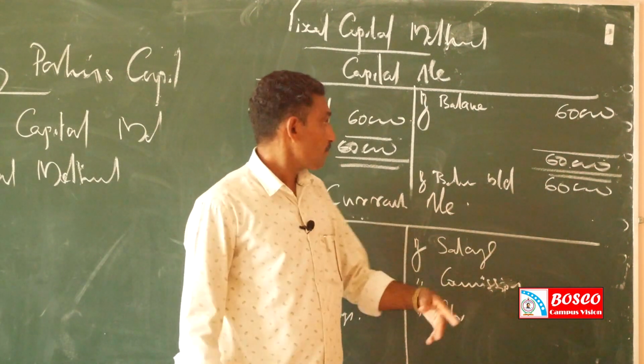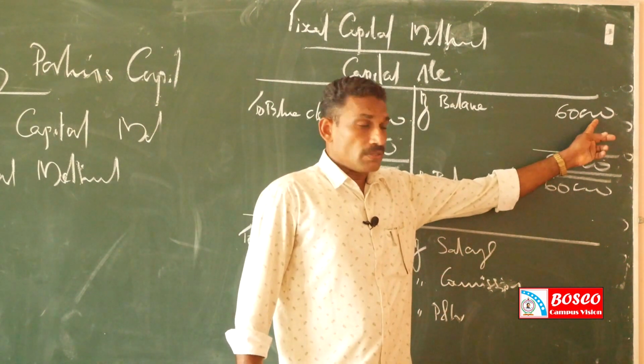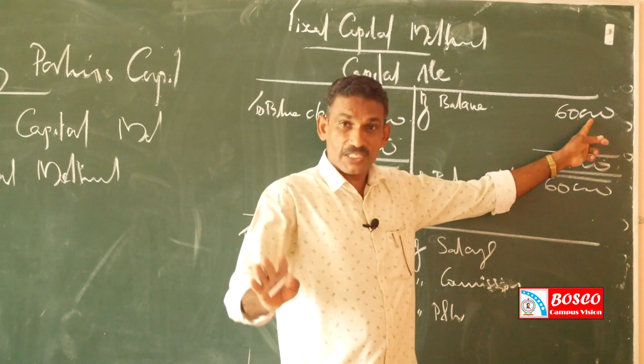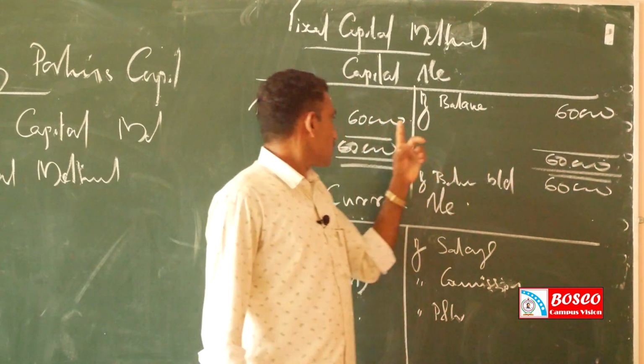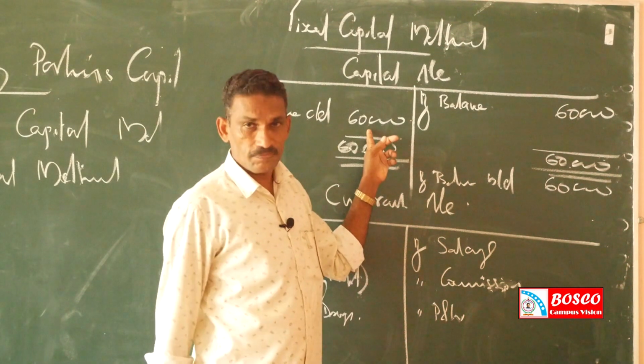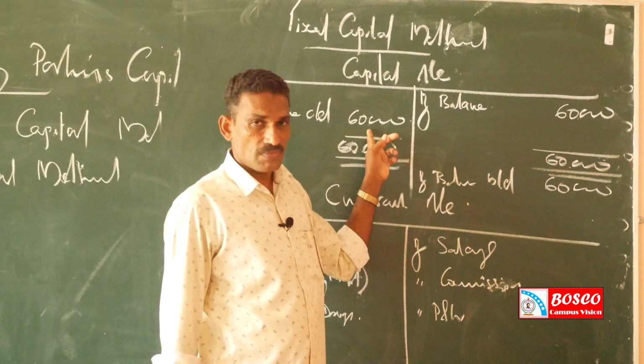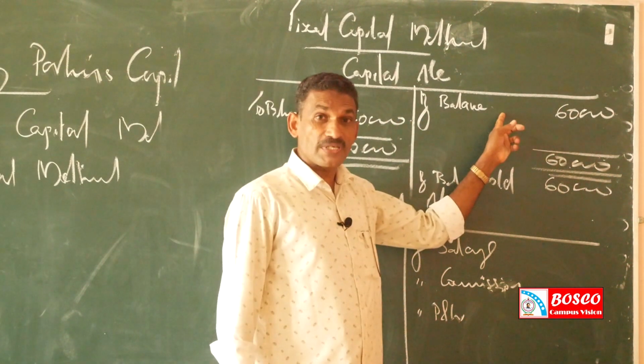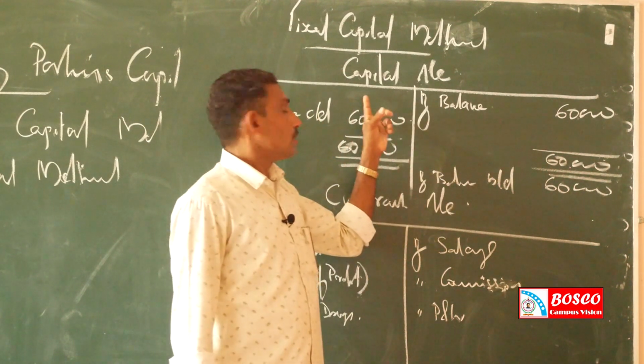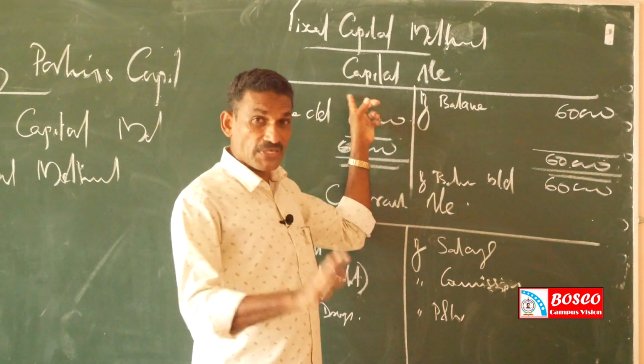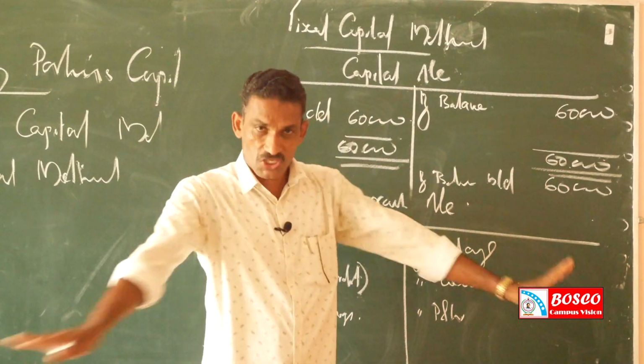Listen once more. Here the opening balance is 60,000. Closing balance also 60,000, if there is no additional capital or drawings out of capital. It will remain constant.